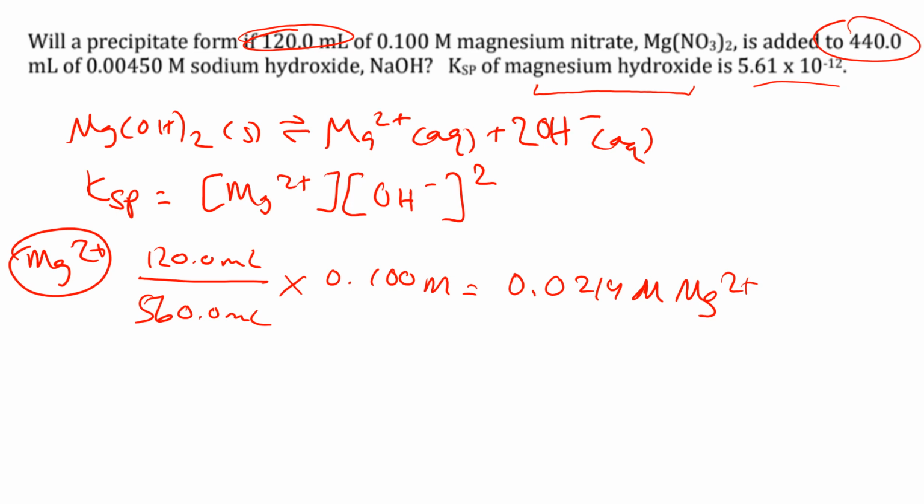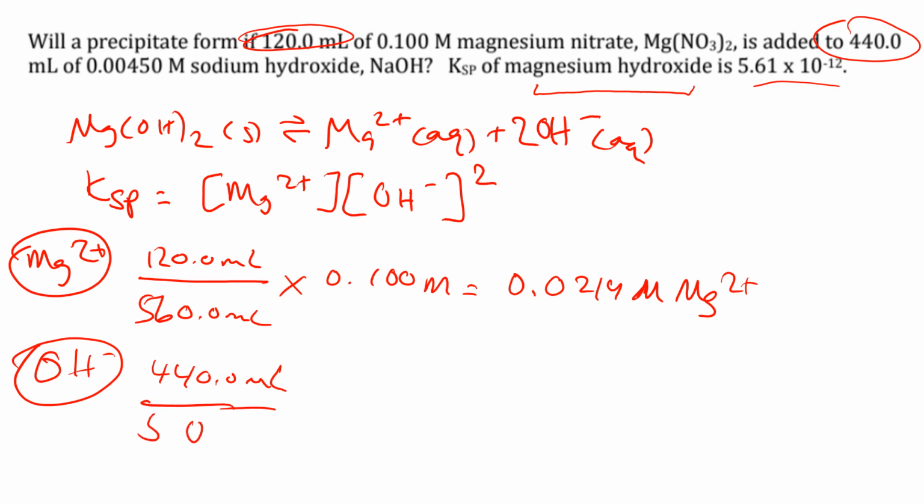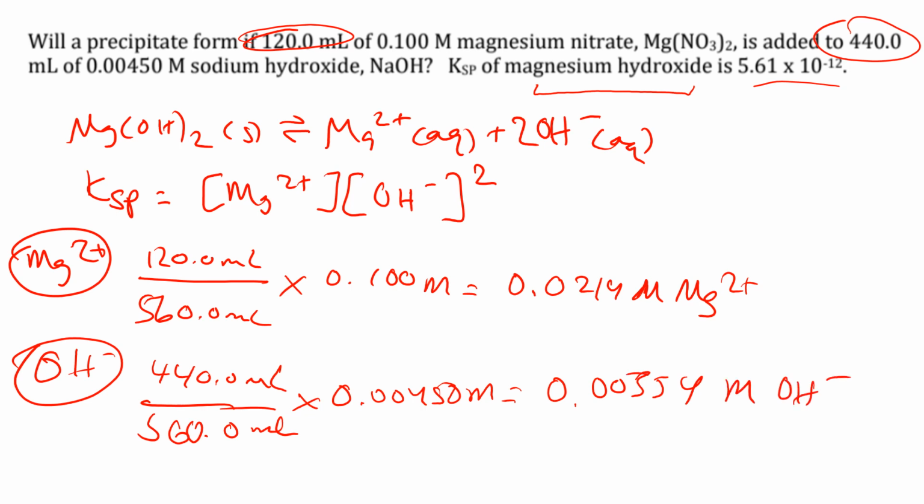For my hydroxide ions, it will be the other number, 440.0 mLs over 560.0 mLs times the concentration, which is 0.0050 molar. That will equal 0.00354 molar hydroxide ions.